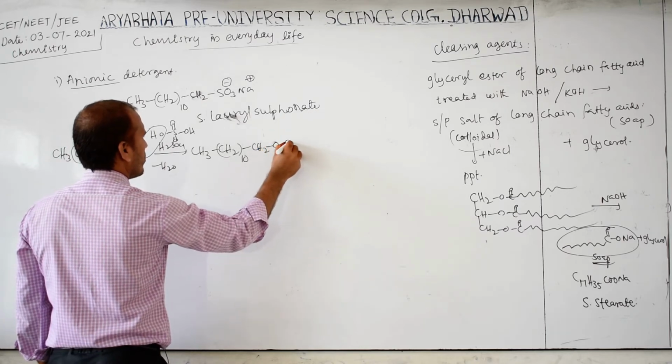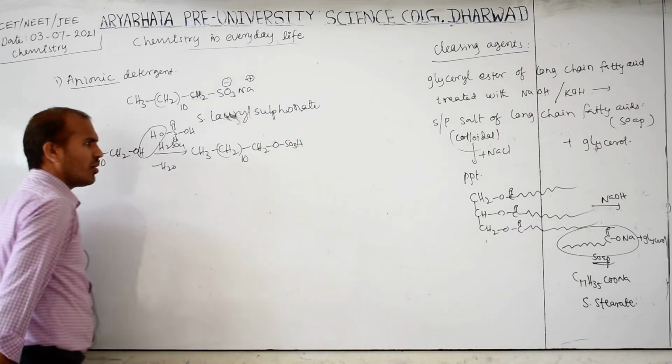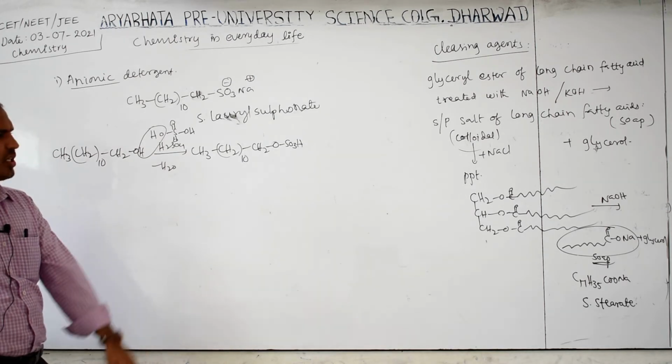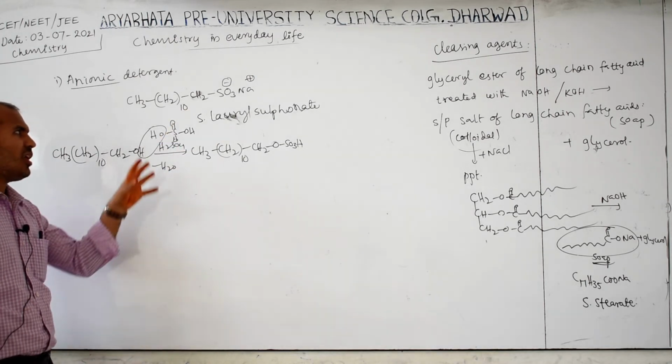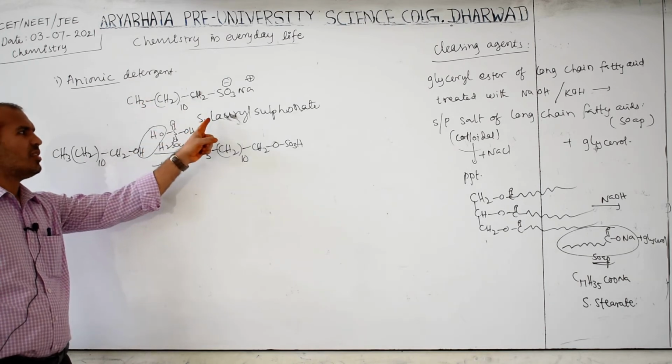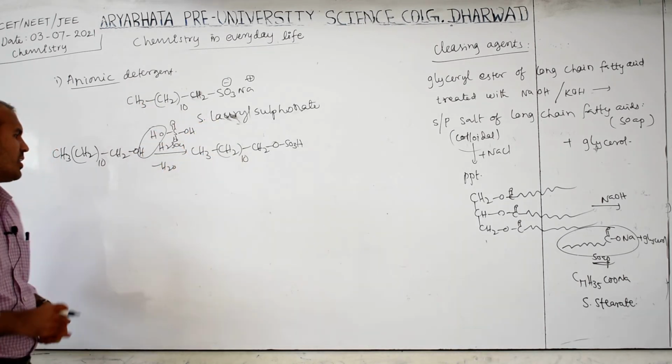Write like this. Then it is treated with sodium hydroxide, and we get the product. So keep in mind, very, very important: this is sodium lauryl sulfate, an anionic detergent.